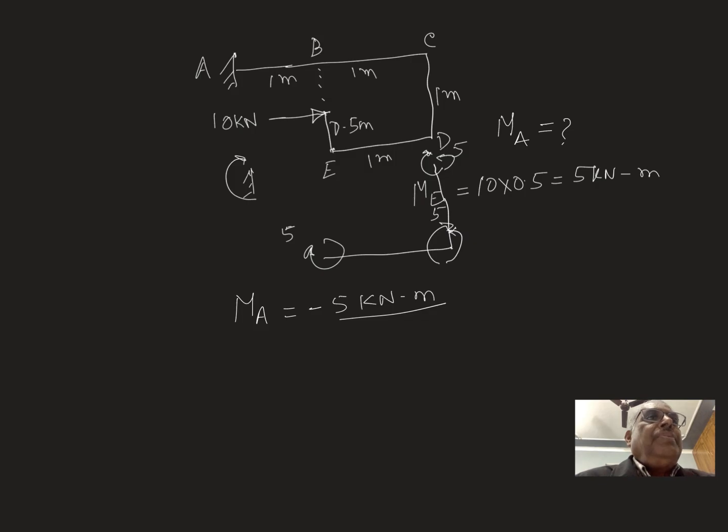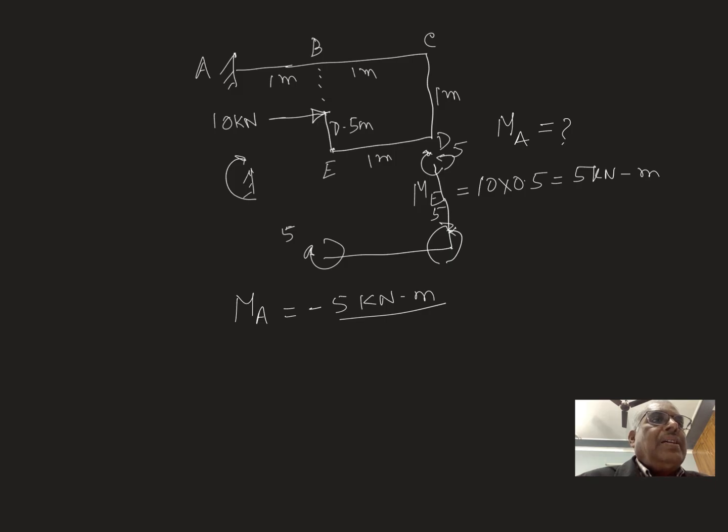Now take this beam, a framed beam with points A, B, C, D, E. The distances are 1 meter and 0.5 meter. First, find the bending moment at E: 10 into 0.5, that will be 5 kilonewton meter. Now here is the anti-clockwise moment 5 kilonewton meter.